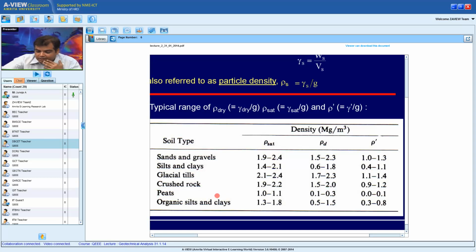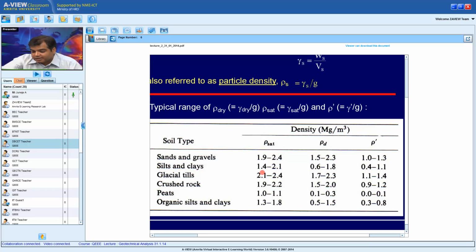If you scroll down, peat soils, which are purely organic, have a unit weight very close to water, so you're not very far off from the water weight. Similarly, the organic soil would lie somewhere around 1.3 to 1.8 megagram per meter cube.